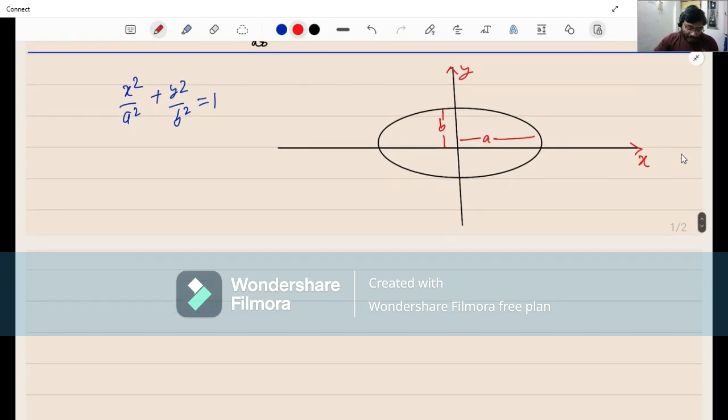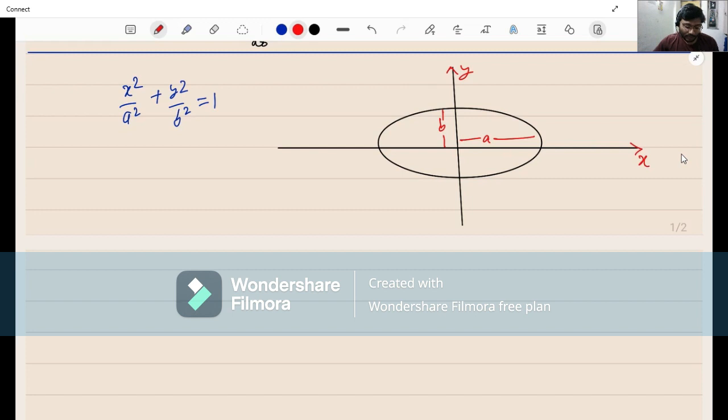Here you see that the power of x and the power of y are both the same, and it is square. You know that if some variable is squared, the curve becomes symmetric along that axis.